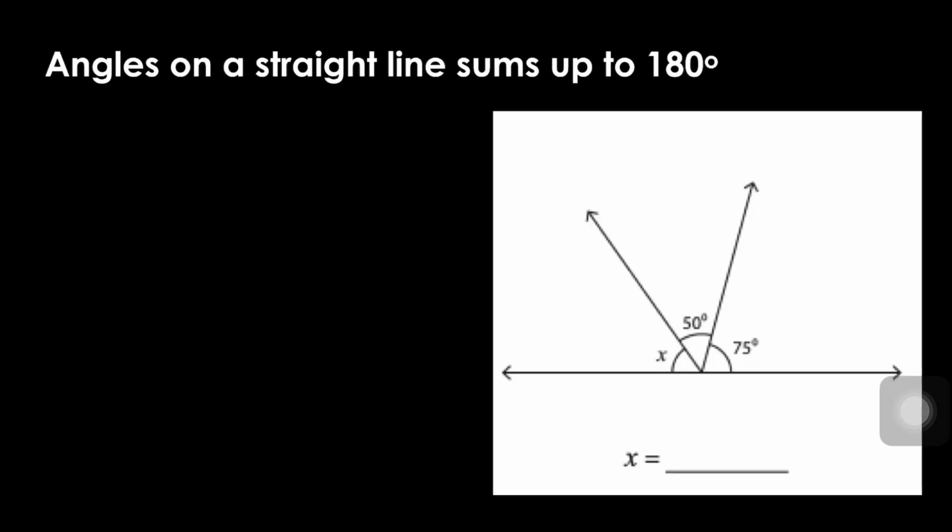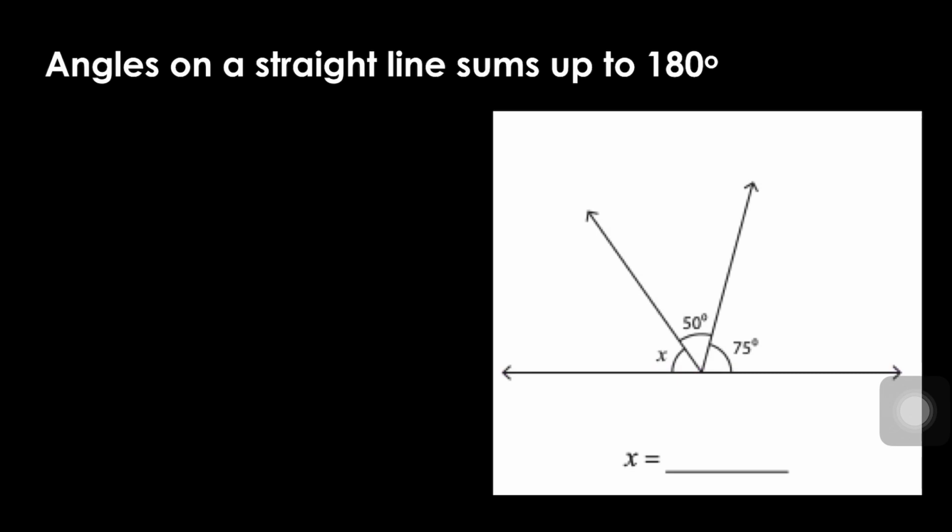Let's talk about this straight line, for example. We're trying to look for x. And to do that, we already know that since that's a straight line, all the angles on top would actually sum up to 180.